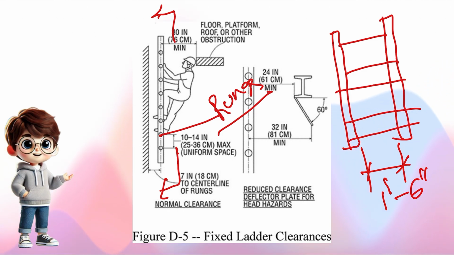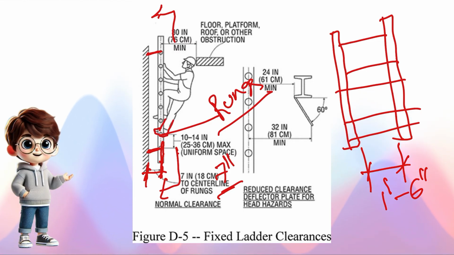Whenever you are climbing the ladder, you will get support from a concrete wall or something. For a pit ladder, the distance from the center of the rungs to the face of the concrete wall should be a minimum of 7 inches. Why? Because he puts his legs like this, and the middle of his foot will usually rest on the rung.